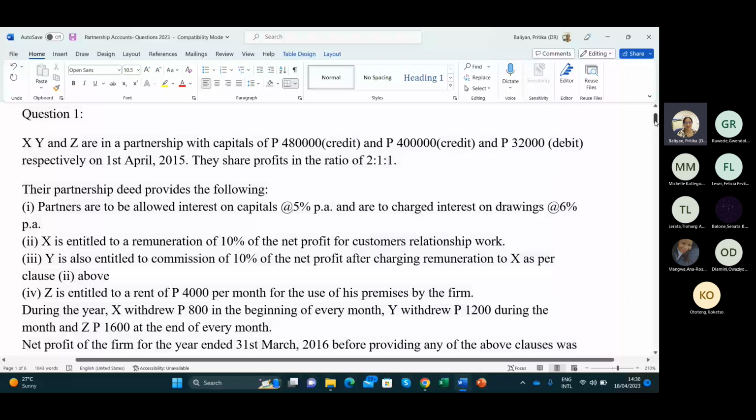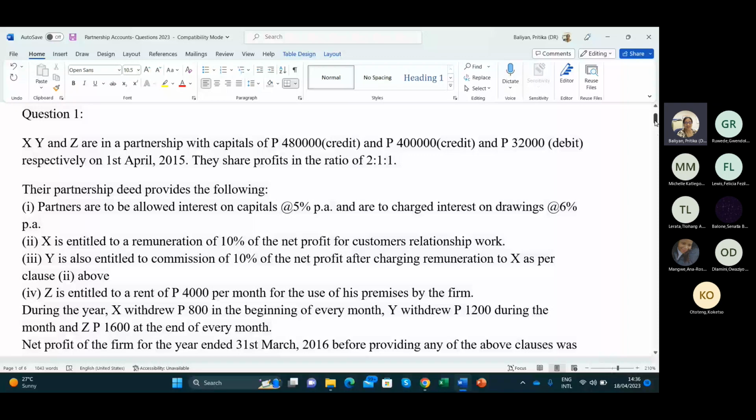The number 4 provision: Z is entitled to a rent of 4,000 per month for the use of his premises by the firm. So if that rent is already charged as an expense in the income statement, already deducted, in that situation it's not clear whether it has to be paid again or it has been deducted before.